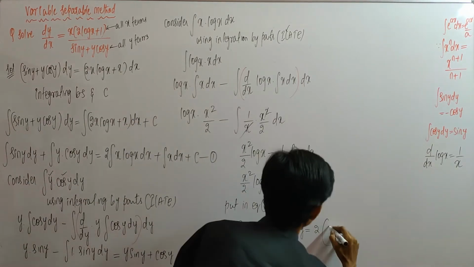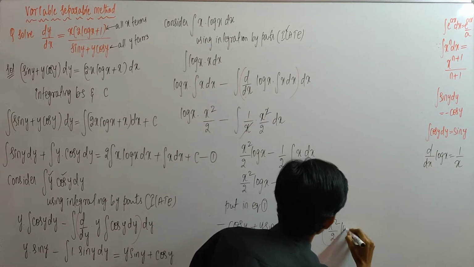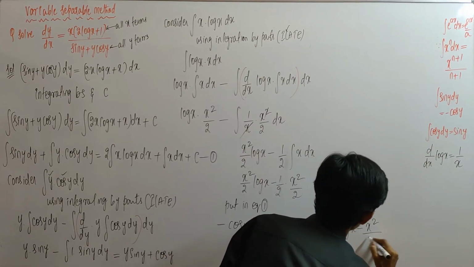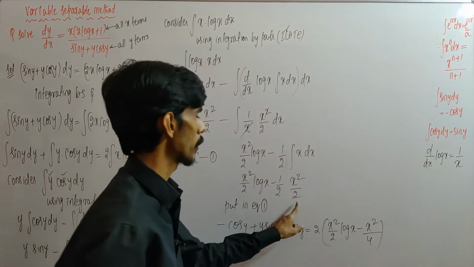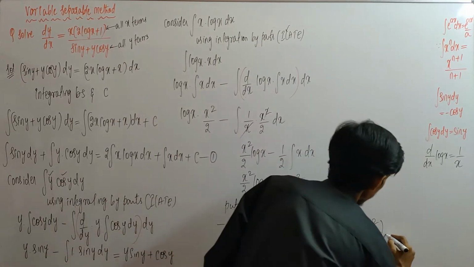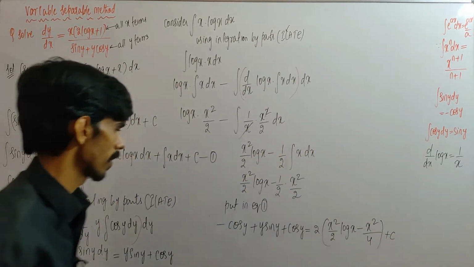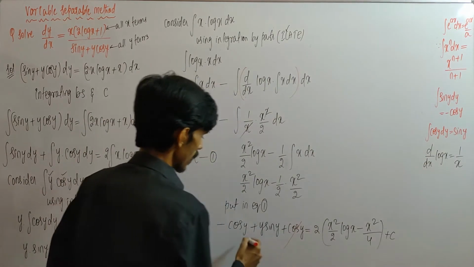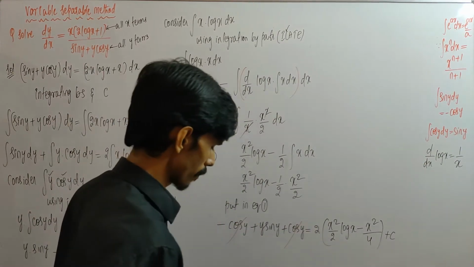Here we have x square by 2 log x minus x square by 4, 2 into 2 is 4, plus c. Now plus cos y and minus cos y will get cancelled.